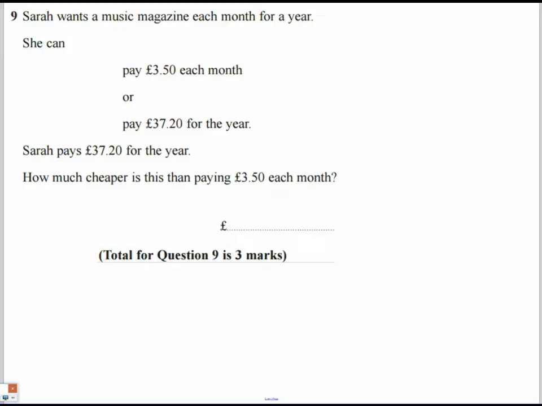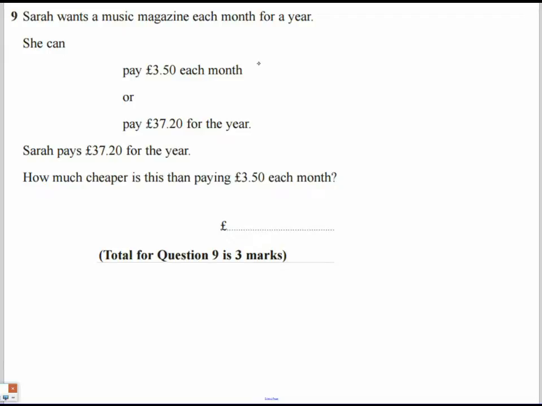Question number 9. Sarah wants a music magazine each month for a year. She can either pay £3.50 each month or buy it for the full year at £37.20. Sarah pays the £37.20 for the year, but how much cheaper is this than paying the £3.50 each month?